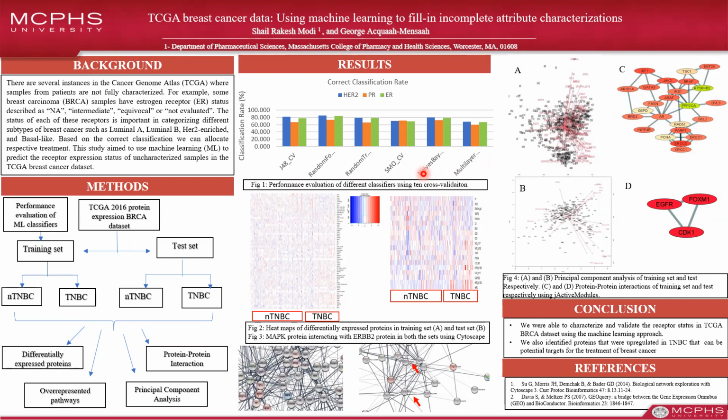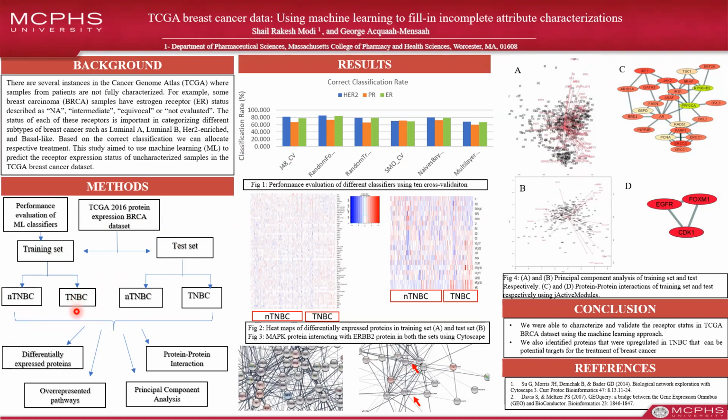After evaluating the performance using 10-fold cross-validation, we chose J48 due to its high precision and sensitivity across all 3 receptors. We used J48 to predict the test set, and after predicting, we classified the training and test set into non-triple negative breast cancer and triple negative breast cancer groups.